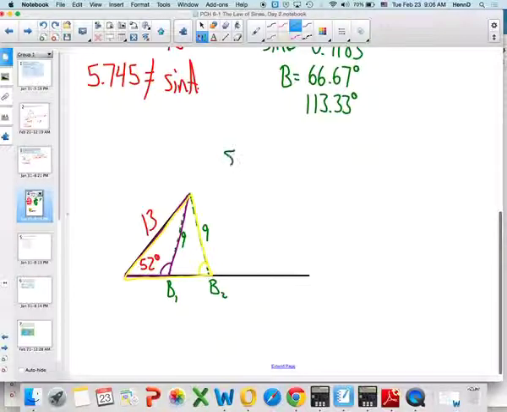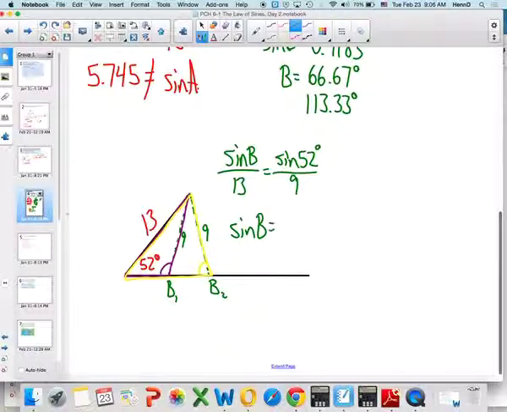The sine of whatever angle B is over 13 would equal the sine of 52 over 9. So then sine of B would equal what in this case? 13 times the sine of 52 divided by 9.